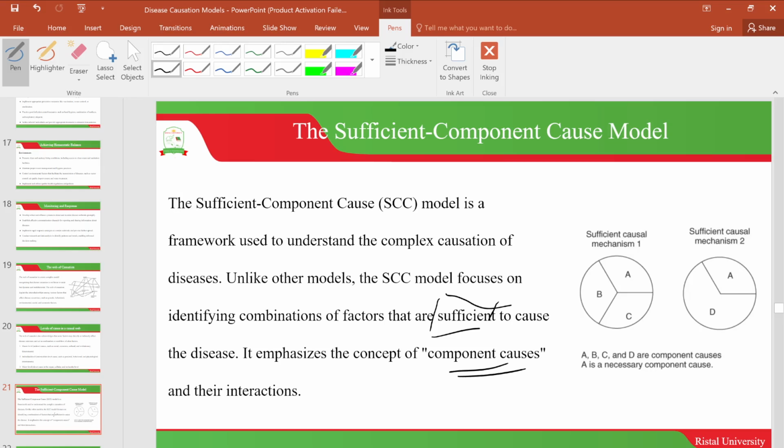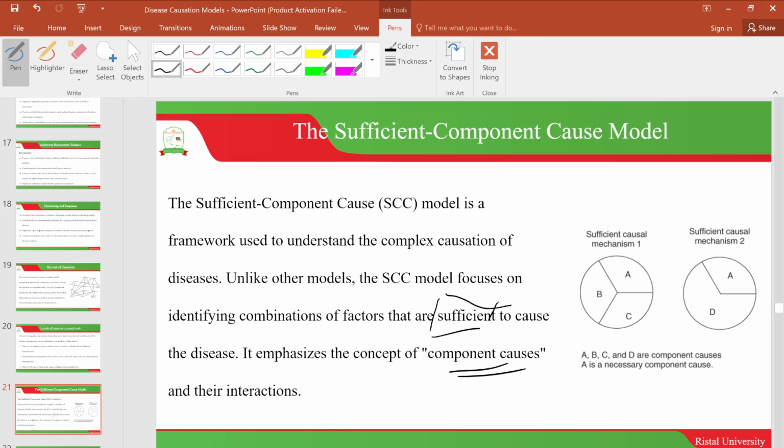Not everyone gets, for example, heart failure in the same way. Not everyone gets heart disease in the same way. So what we are saying here is that you have different factors that will have to combine in order to have a particular disease happen.